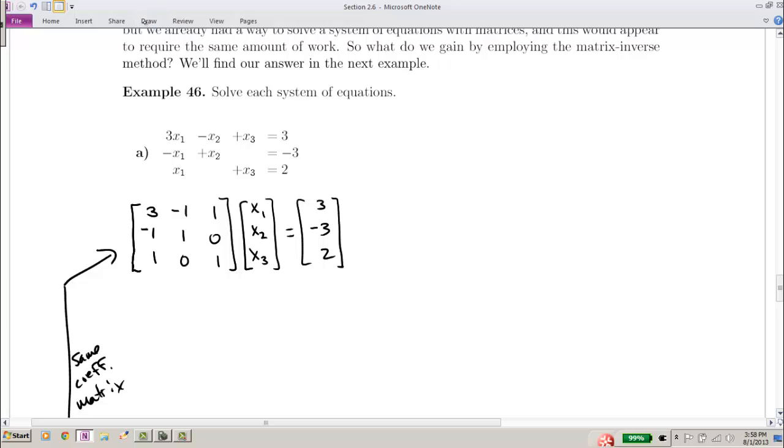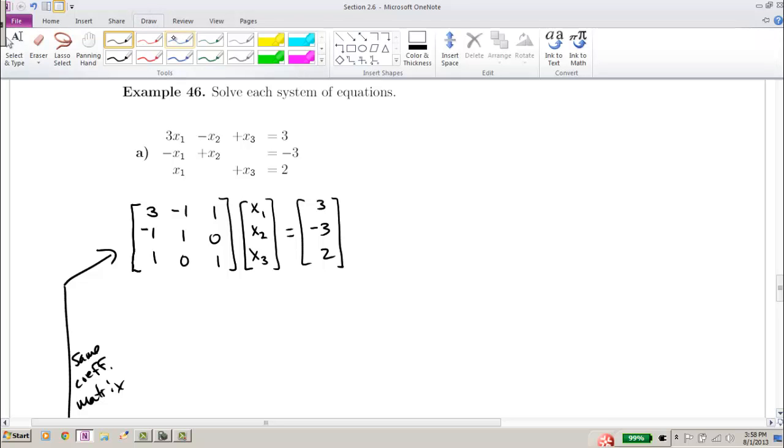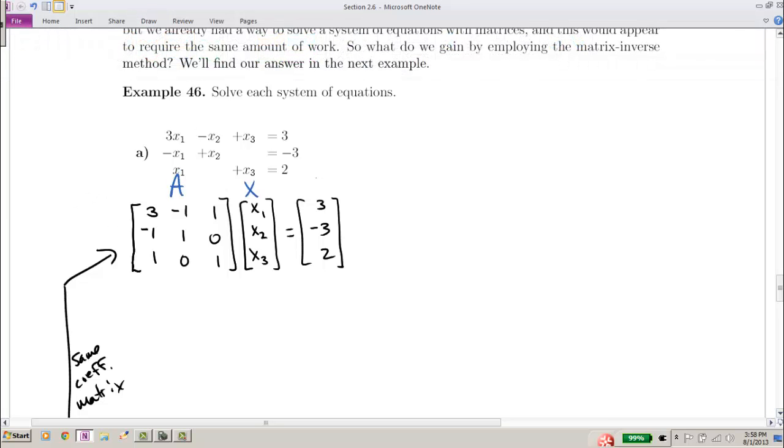And again, we'll call this our matrix A. And so we know that A inverse is this matrix here.